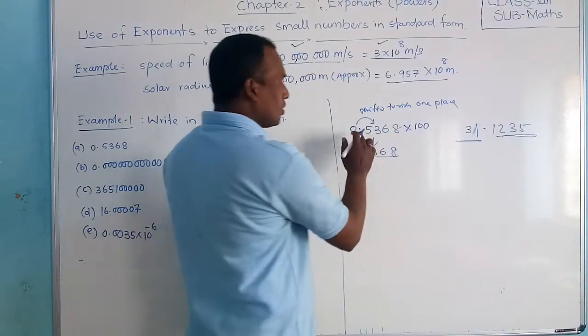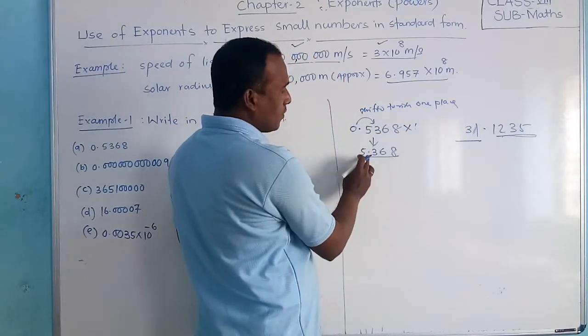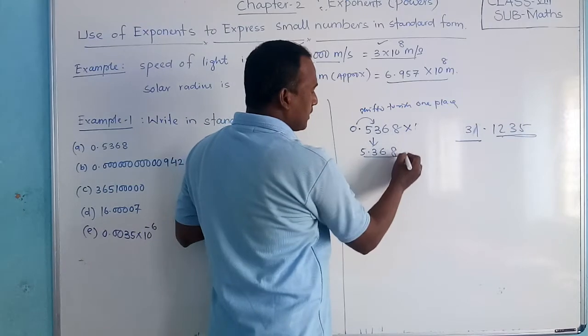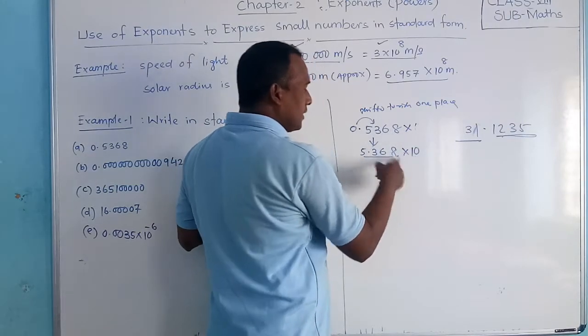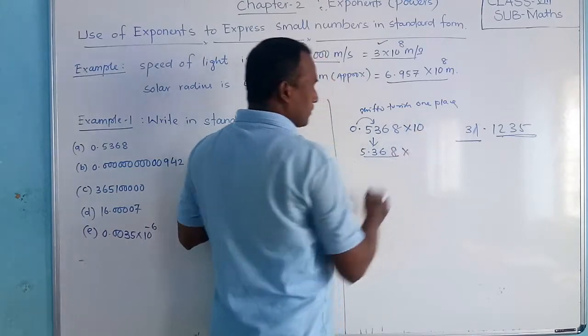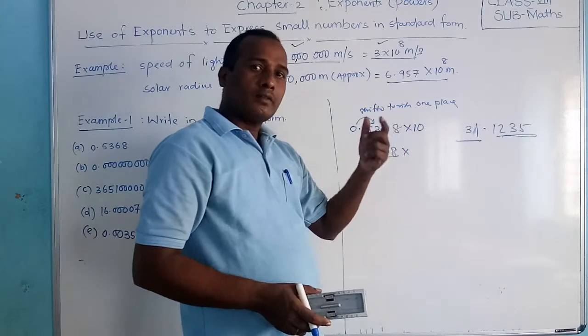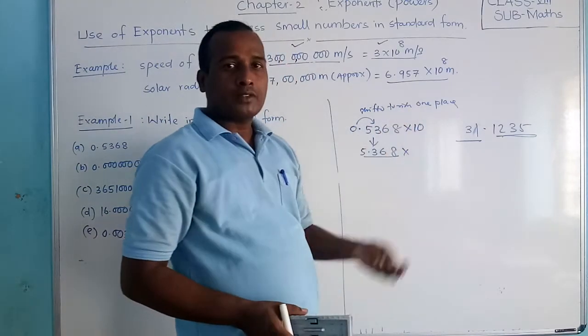Are you clear? So now we need one place, so we have to multiply by 10. Already we have multiplied by 10, then it came like this. If we are multiplying by 10, then the number will become big.